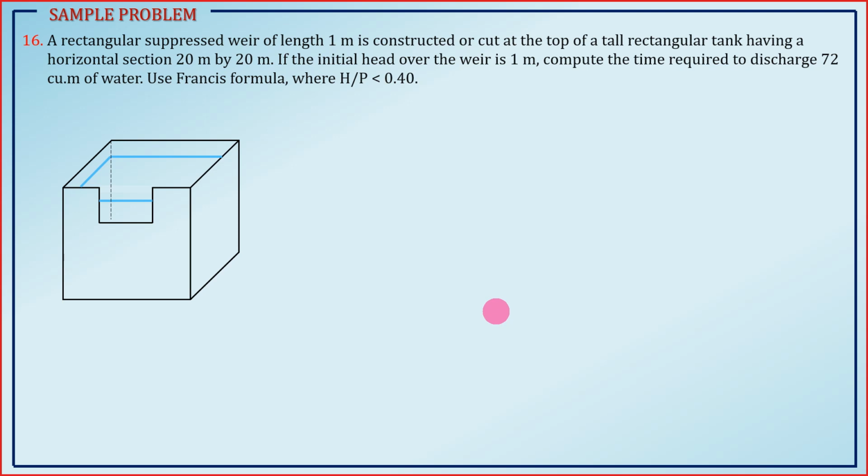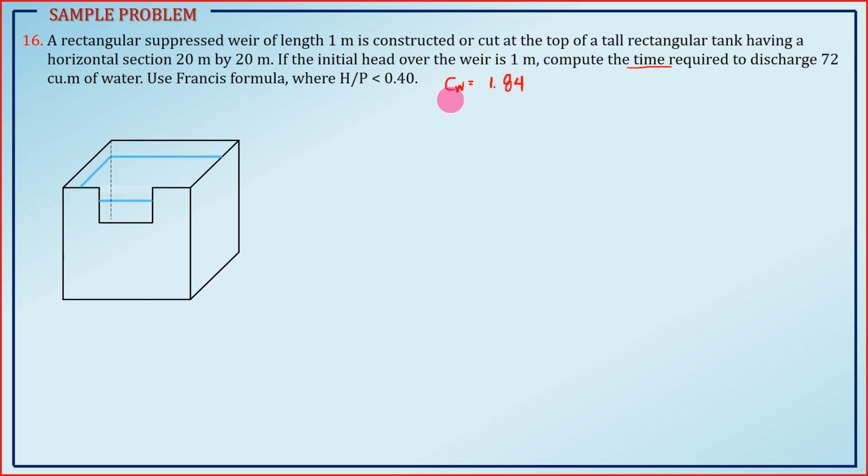If the initial head over the weir is 1 meter, compute the time required to discharge 72 cubic meters of water. Use the Francis formula where H over P is less than 0.4. So, we are given that CW for that condition is 1.84.